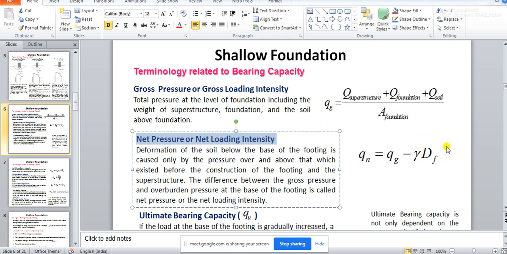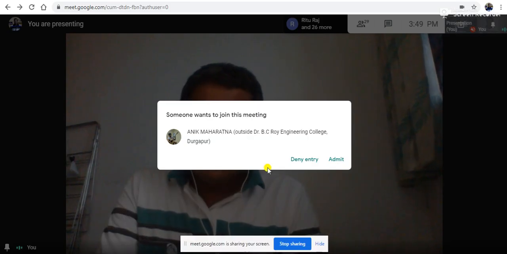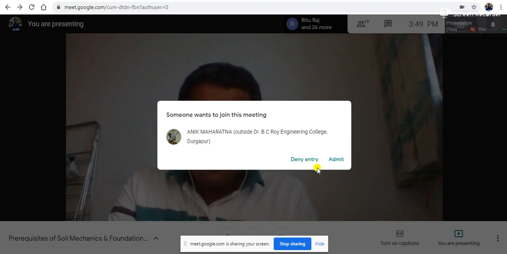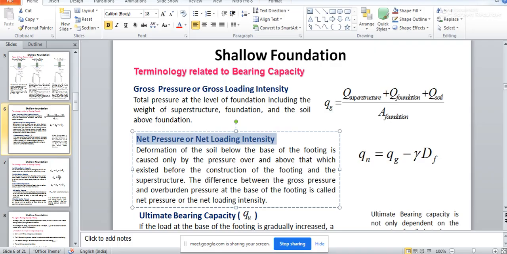If you want to find the net loading intensity from the gross loading intensity, you just subtract the overburden pressure from the gross pressure intensity.